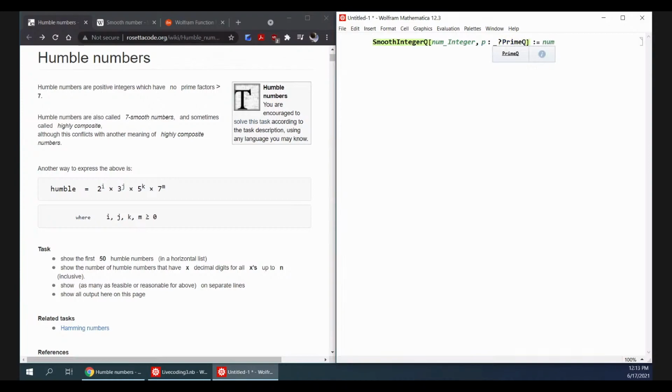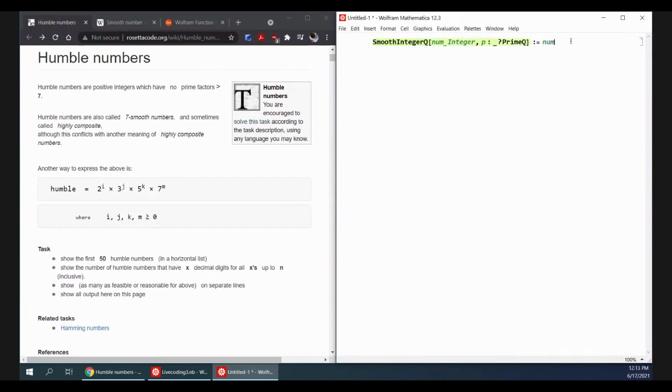This looks a little complicated, but this is a pattern which tests whether it's prime or not, and it's named P. So when reading things like this, it helps to start with where the underscore, the pattern, is, and then look to the right and say, okay, it has to be prime. Look to the left and say, okay, it's named P.